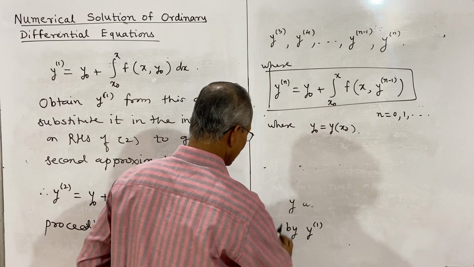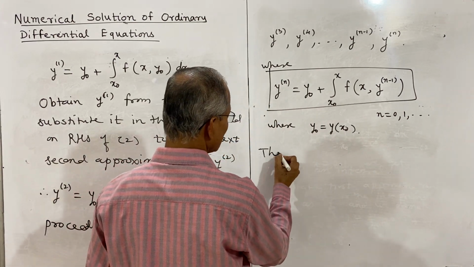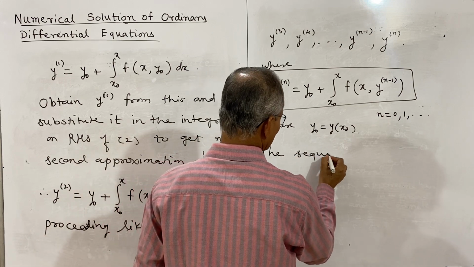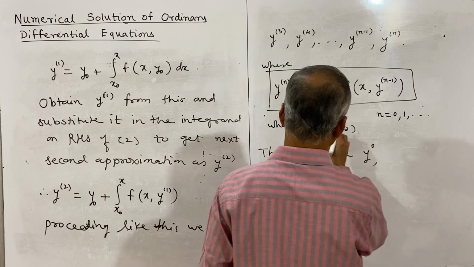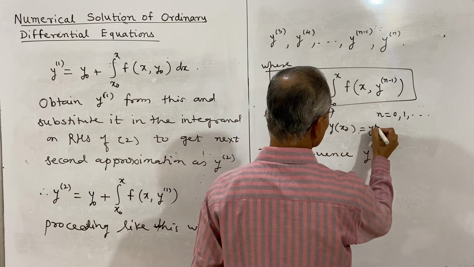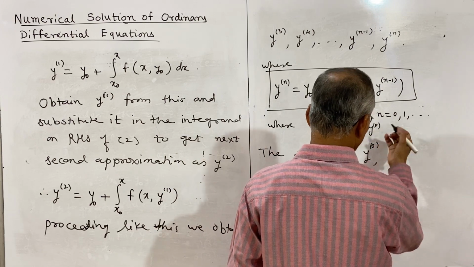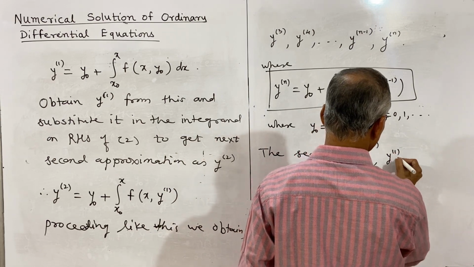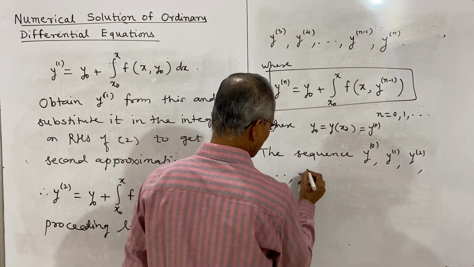Using this formula we get a sequence, that is y naught, which can be denoted by the 0th approximation or initial approximation, y1, y2 and so on, yn.